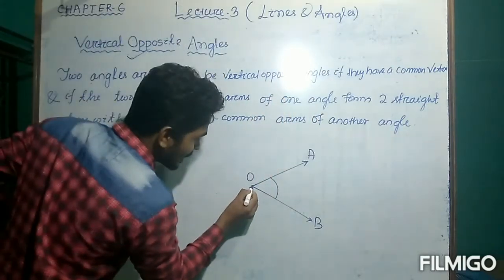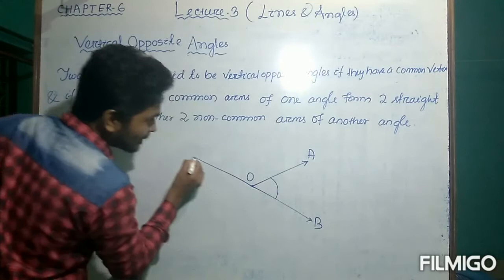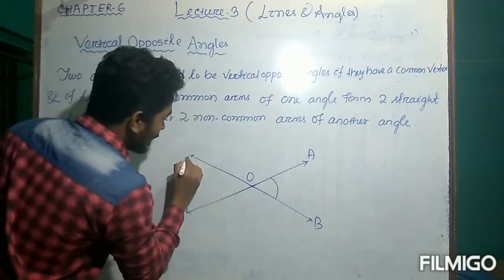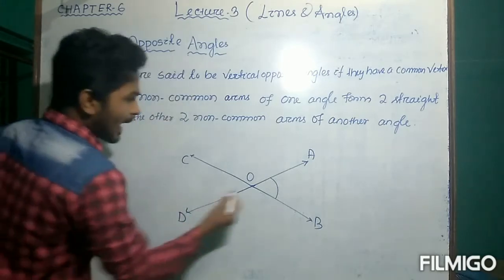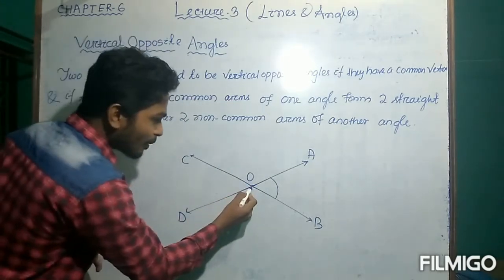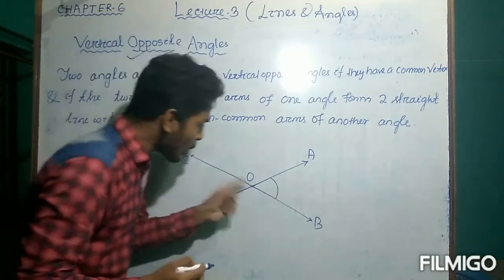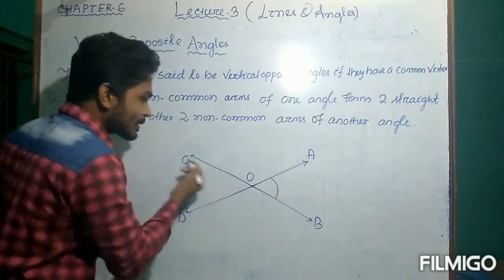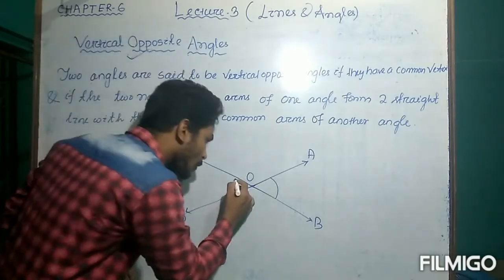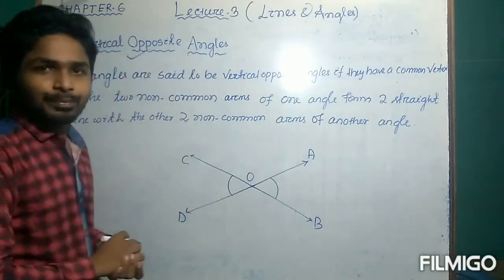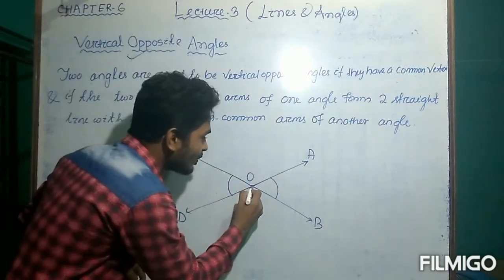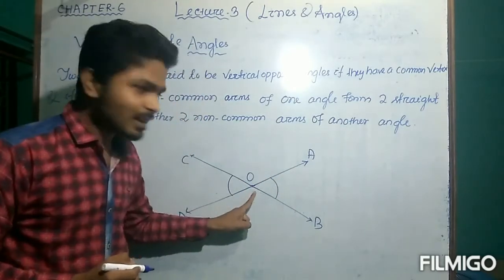So let us draw another angle. This is C, this is D, and this is O. Now you can see from this origin, two other rays also originate, OC and OD. That means they also form an angle in between them. Now compare these two angles. These two angles have a common vertex, O. Understood?